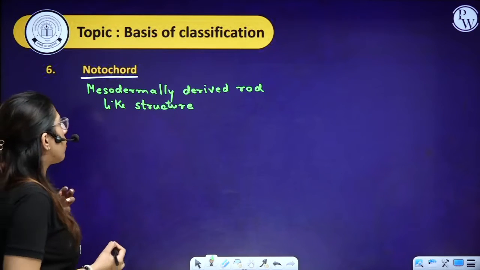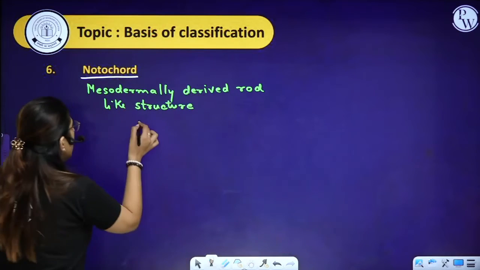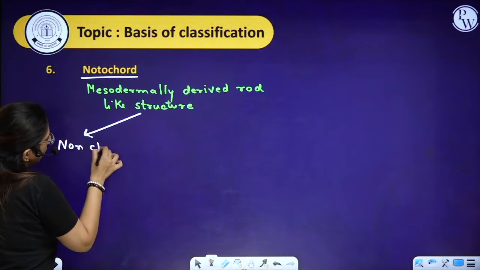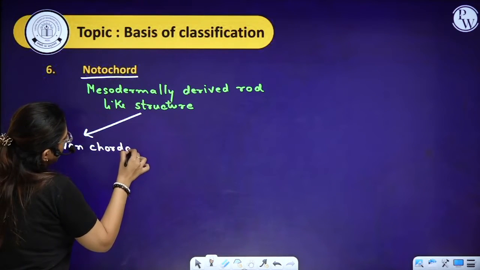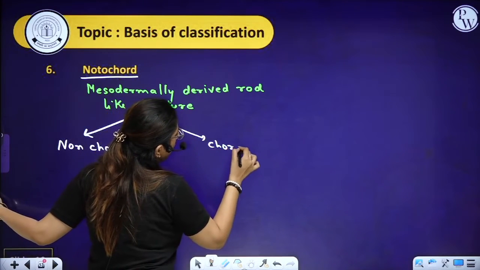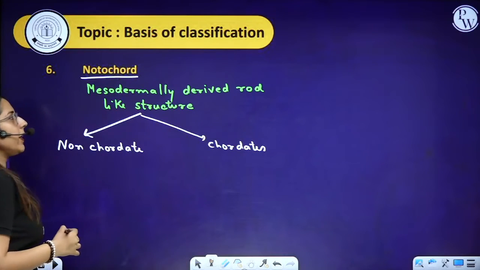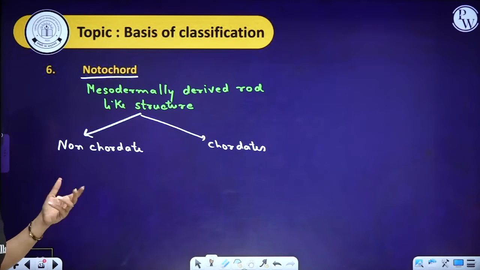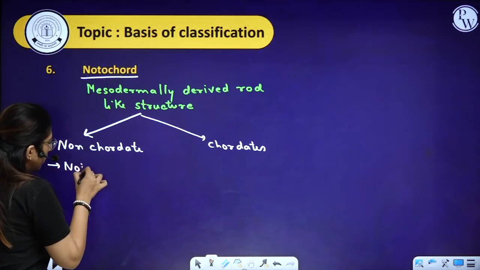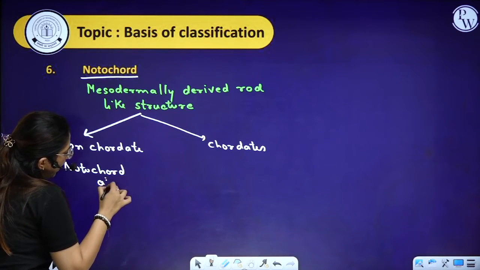Mesodermally. Now on this basis we have two different groups of organisms. One is termed as non-chordates, and the second is termed as chordates. Clear? So non-chordates, what are they? That means no notochord. Notochord absent.